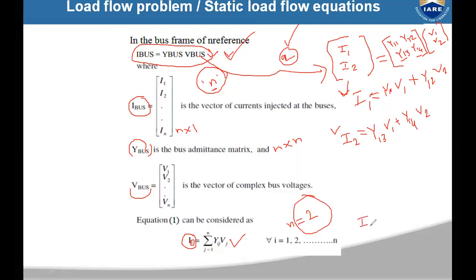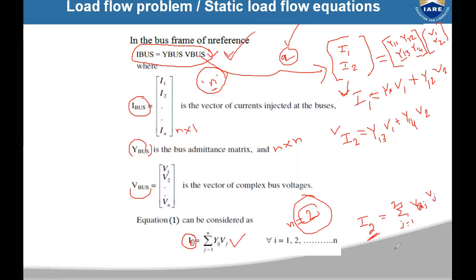I2 can be written as sigma j equal to 1 to n, here 2, so 1 to 2, of Yij Vj, where I here is the second one. So this is Y2j into Vj.